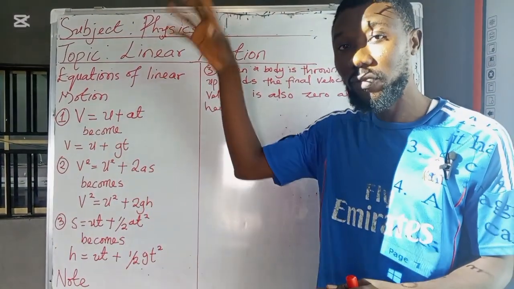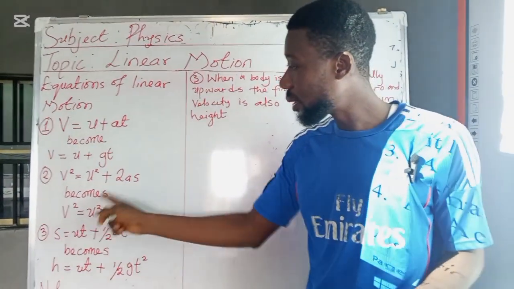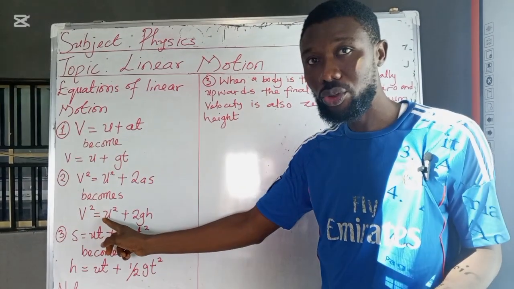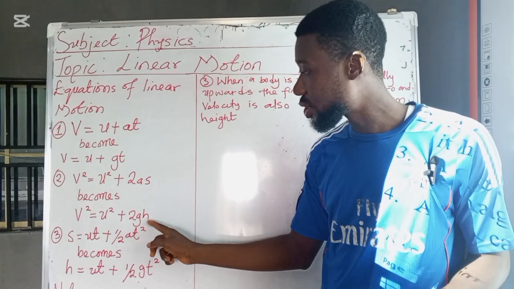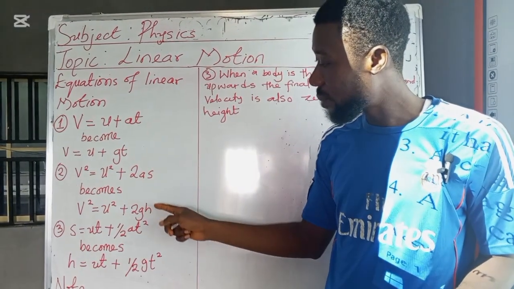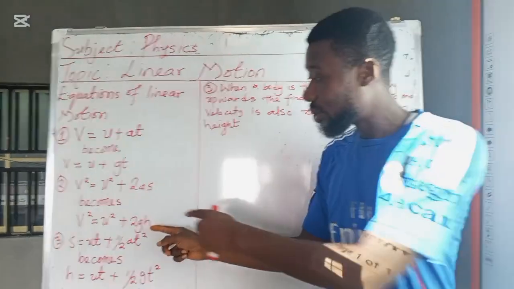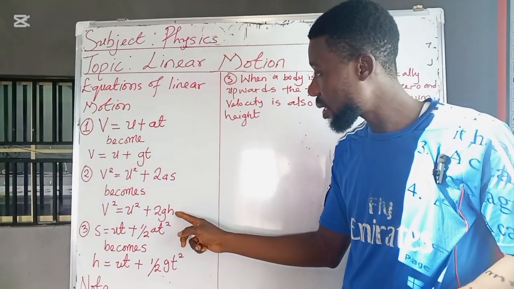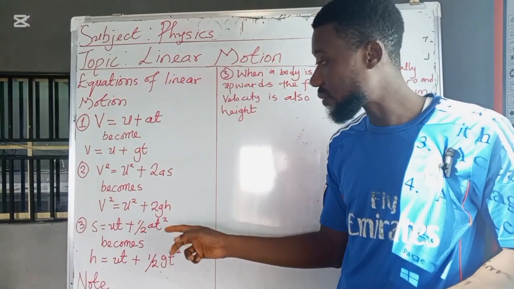When we're talking about free fall of a body, either going up or coming down, this formula becomes v squared equals u squared plus 2gh. You can see that the s becomes h, it turns to height. Hope you're capturing the board so that you can see very well. The a becomes g because it's with respect to gravity.